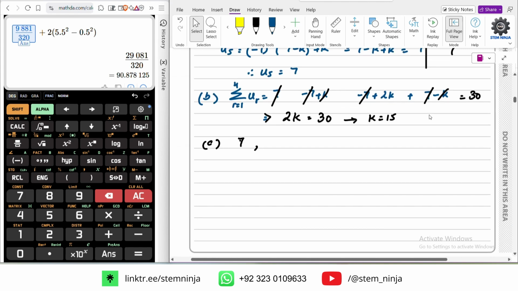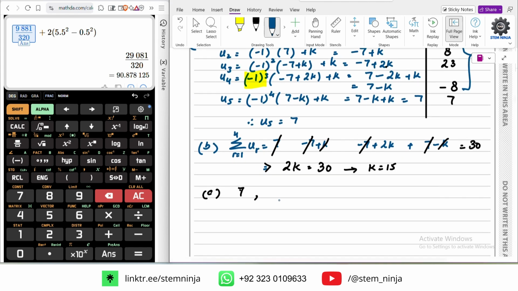Alright, so basically you have 7, 8, 23, minus 8, and basically one period. This is your one period of this sequence. Because after that 7 would repeat and then you will get 8, 23 and minus 8 again. Right, okay.